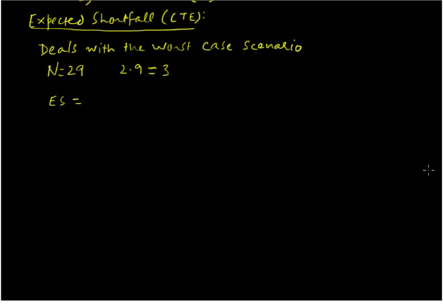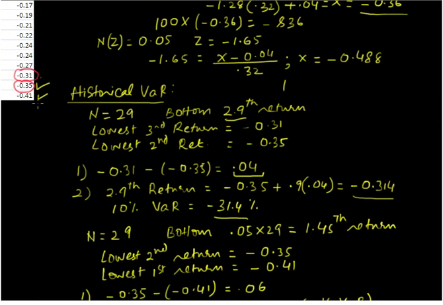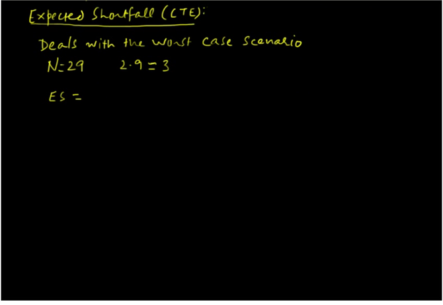Let us see what are the lowest 3 returns. These are the lowest 3 returns: minus 0.31, minus 0.35 and minus 0.41. So we simply compute a simple average to find the expected shortfall. Let us do it here quickly.